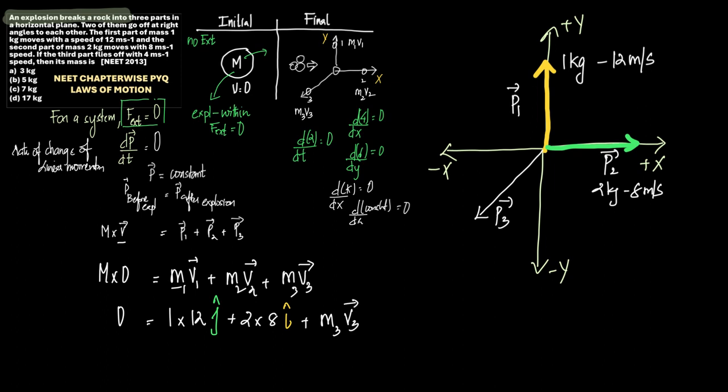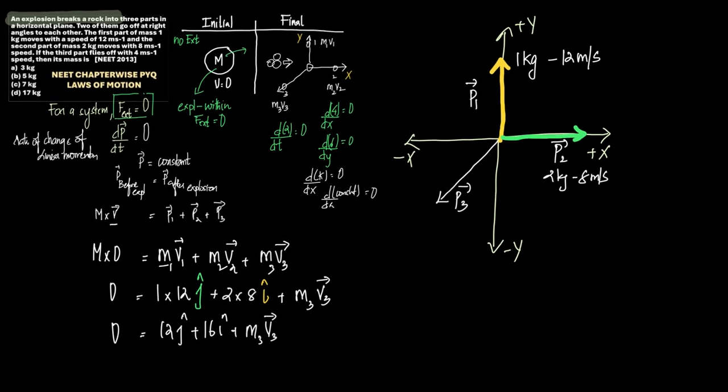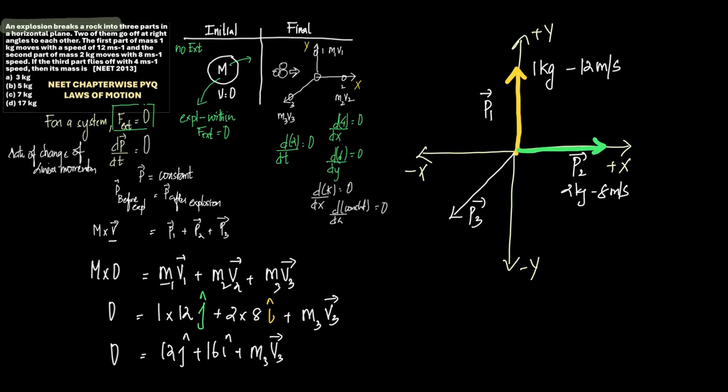Now, this takes us to 0 is equal to 12 j cap plus 16 i cap plus m3 into vector v3. If I write this one more step, m3 into vector v3 is equal to minus 12 j cap minus 16 i cap, right?